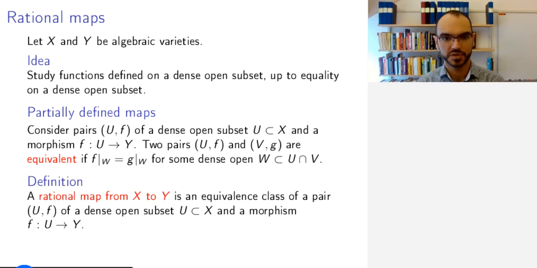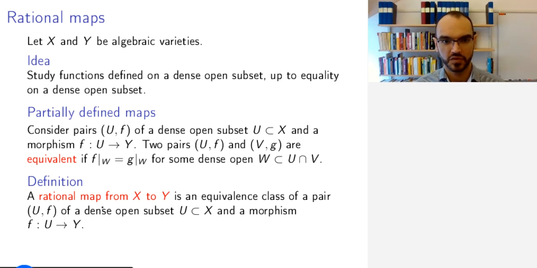And now a rational map from X to Y is an equivalence class of such a pair (U, f), where U is a dense open subset and f is a morphism from U to Y. An equivalence class with respect to the equivalence relation defined in the previous slide. And you can check that it is an equivalence relation.